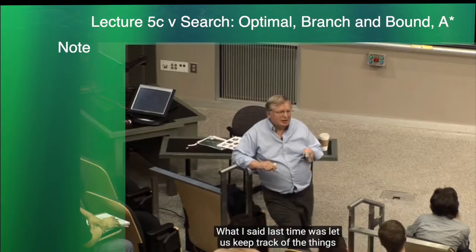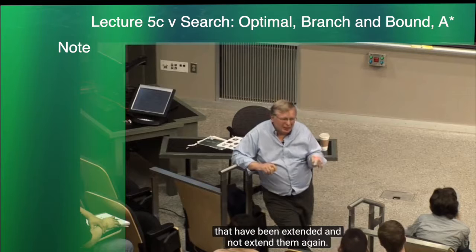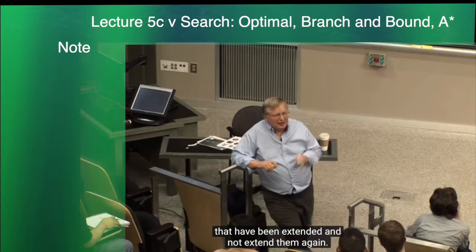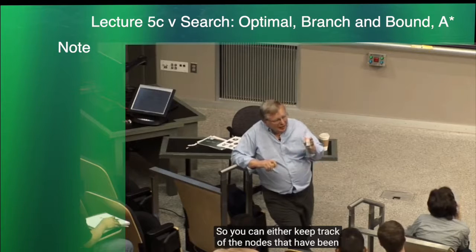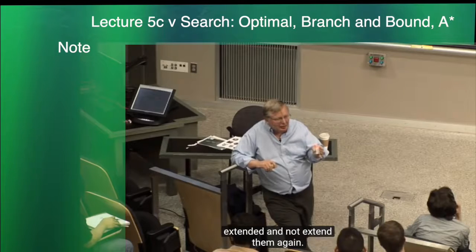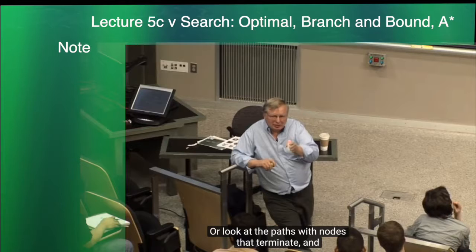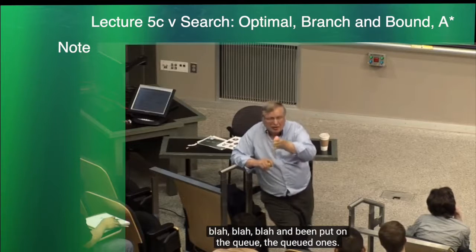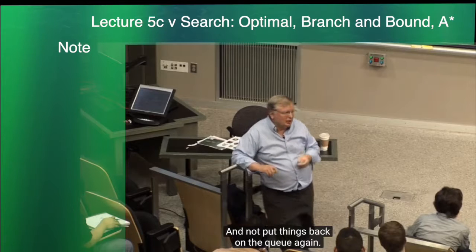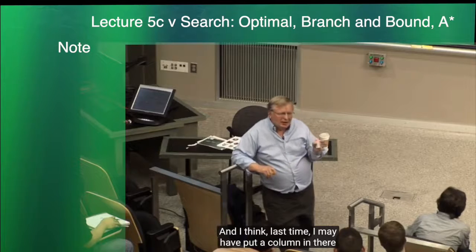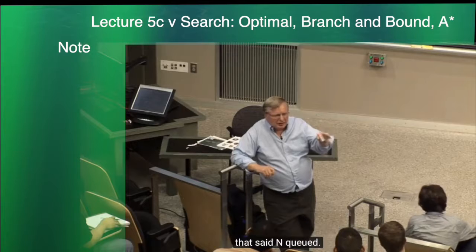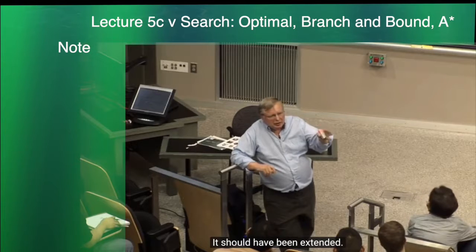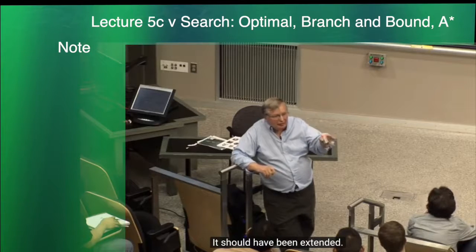What I said last time is let us keep track of the things that have been extended and not extend them again. So you can either keep track of the nodes that have been extended and not extend them again, or look at the nodes that paths terminate in that have been put on the Q, the enqueued ones, and not put things back on the Q again. And I think last time I may have put a column in there that said enqueued. It should have been extended.